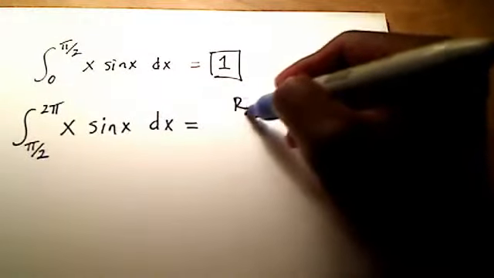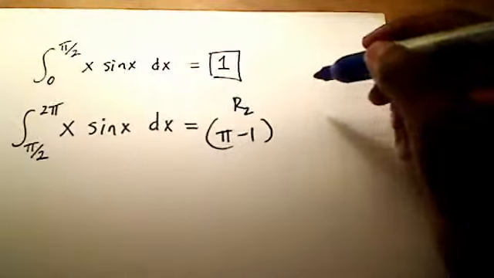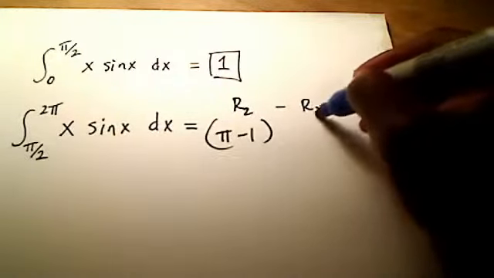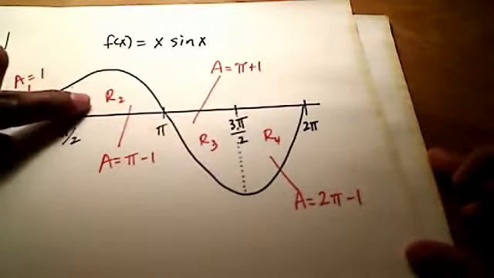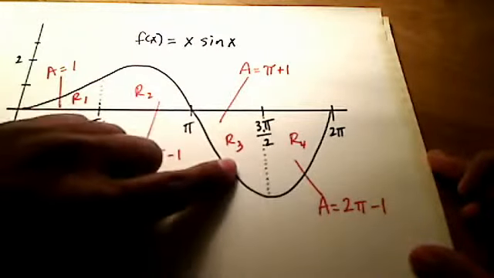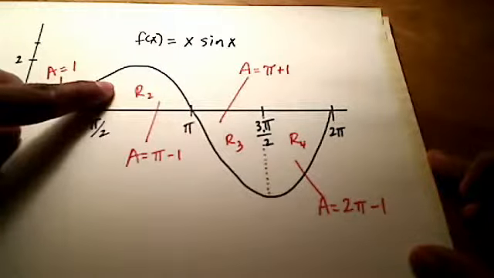This is region 2, whose area is pi minus 1. And from that, we're going to subtract the other two regions. Now, why are we subtracting the other two regions, region 3 and region 4? Again, because region 2 is above the x-axis, region 3 and region 4 are below the x-axis. Right? So anything below has a negative area, anything above has a positive area.